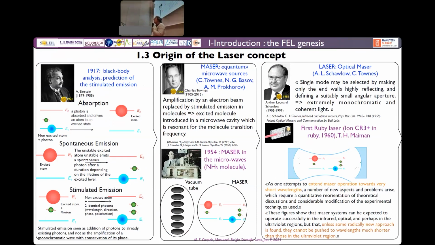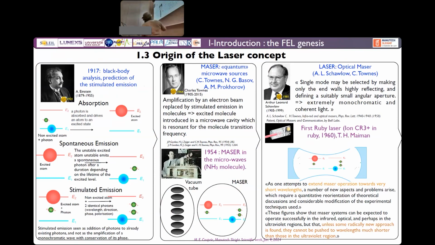And then the question was how to go to shorter wavelengths, because we were limited by the size of the cavity, which was rather big at that time. So then Schawlow and Townes came with the idea of using an optical resonator with very highly reflecting walls, which would define, in addition, a very small angular aperture.